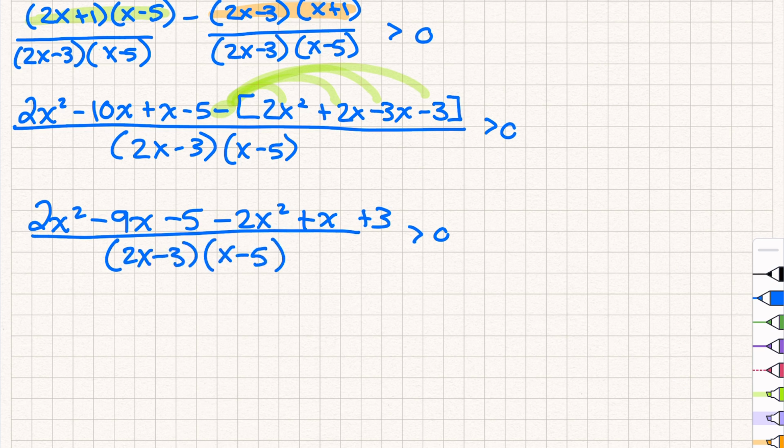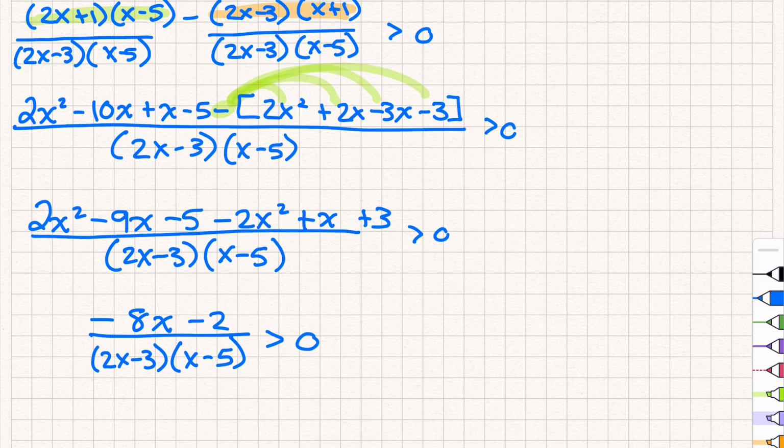So let's simplify this as much as we can, collect our like terms, and we end up with negative 8x minus 2 over (2x minus 3)(x minus 5). So we need to see what the critical numbers are. So when is this going to be undefined?